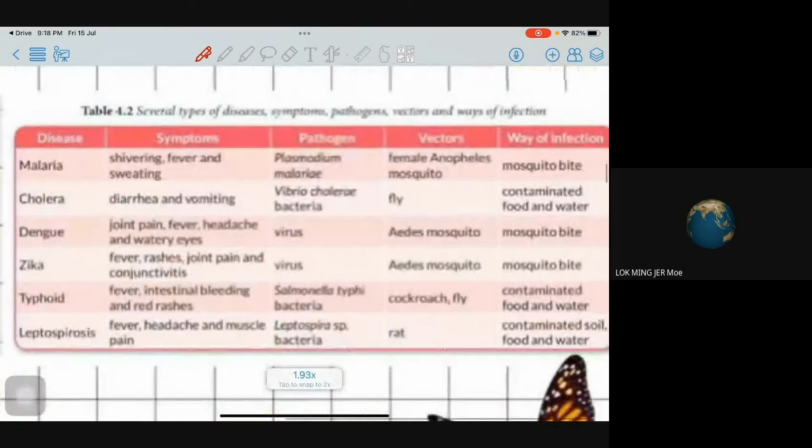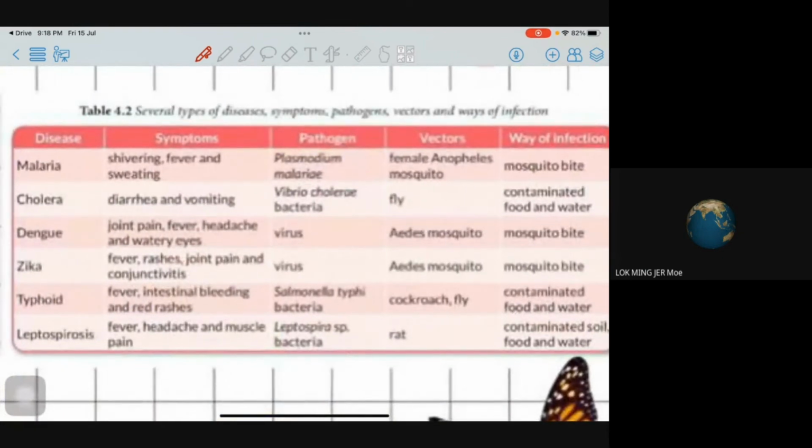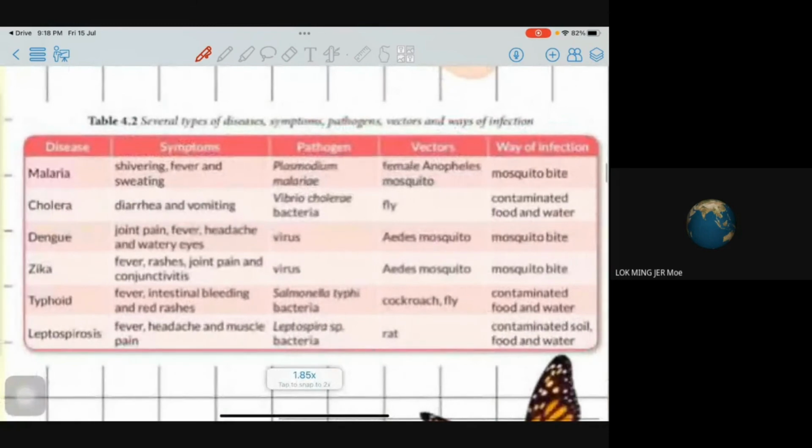Yeah, rat is causing, Zika? Zika is mosquito, right? It is leptospirosis. Yes, leptospirosis, which can give you fever, headache, and muscle pain.